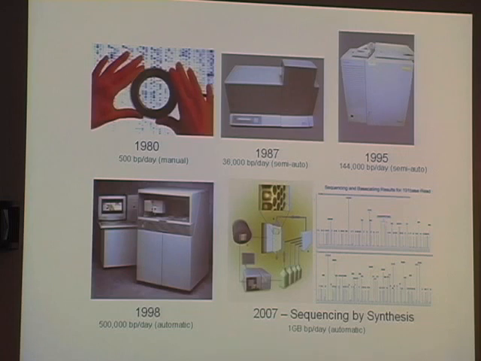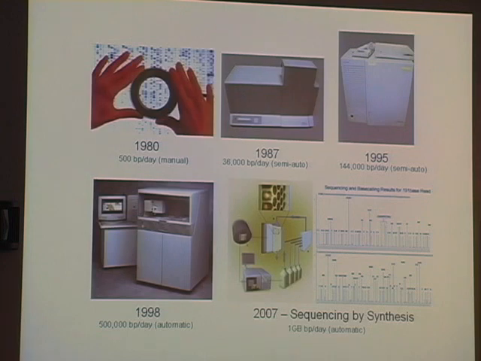So by 1995, the throughput had gone up to about 144,000 bases. And in 1998, when Celera Genomics started to do the human genome sequence, and the public groups were working in a very high throughput capacity, they were using a machine called the ABI 3700, which was the real workhorse of the human genome.